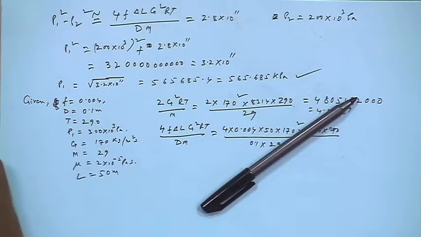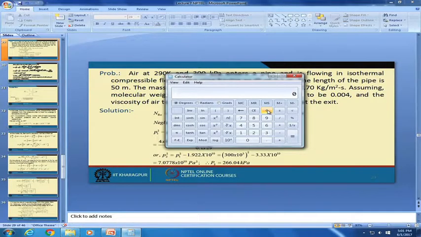If we look at this value quickly, this is 4 into 0.004 into 50 into 170 square into 8314 into 290, divided by 0.1, divided by 29.